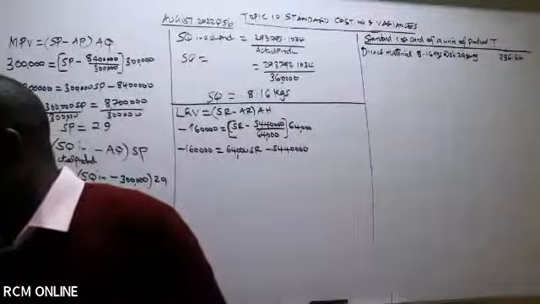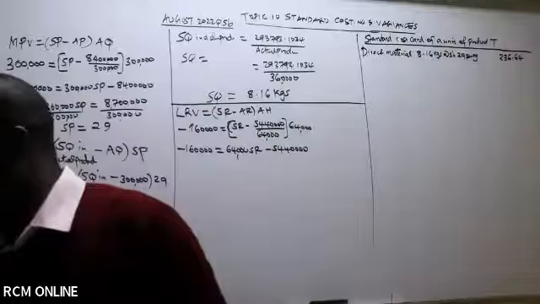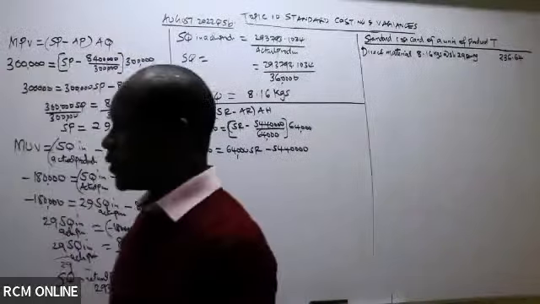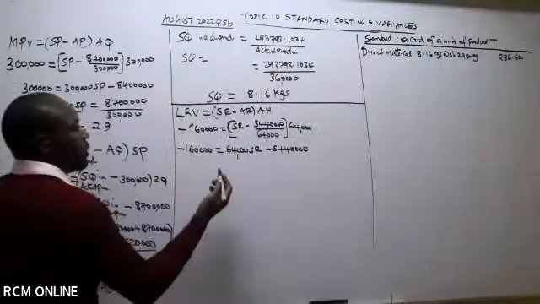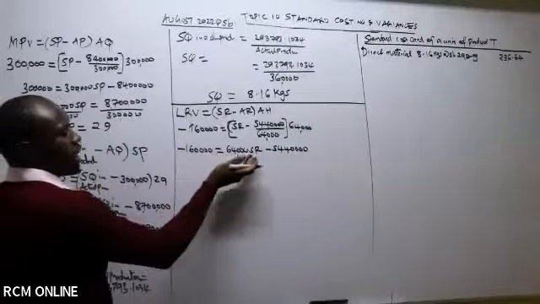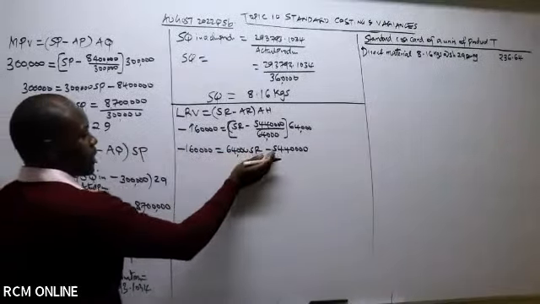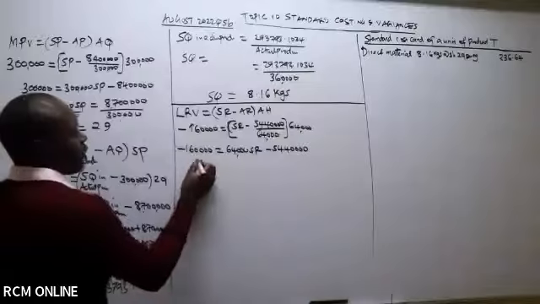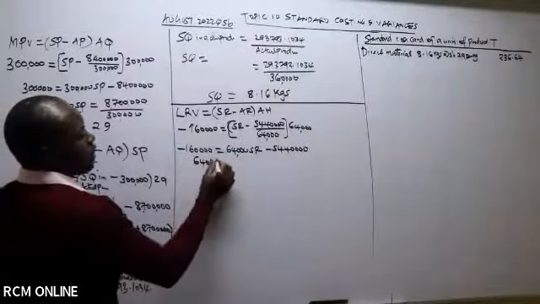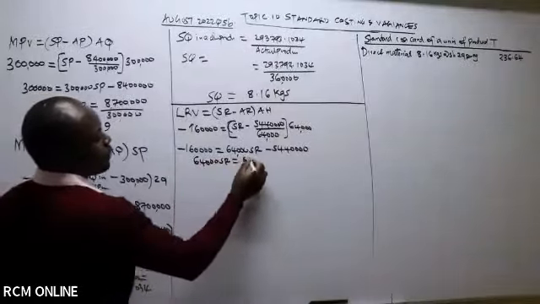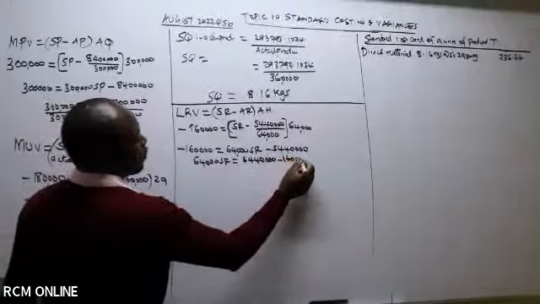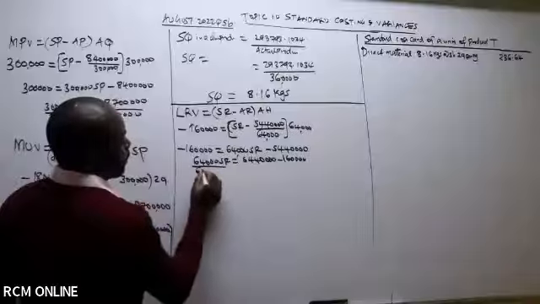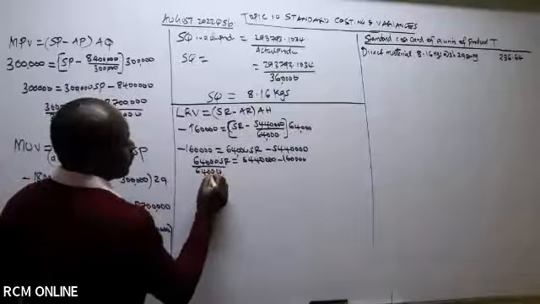I want you to work it out and give me SR. Some have failed, so let us help. Once we have this, we only have one unknown, SR. So take the minus; if it crosses the equal sign, it will be a plus. So 64,000 SR is equal to 54.40 million minus 160,000. We need SR divided by 64,000.